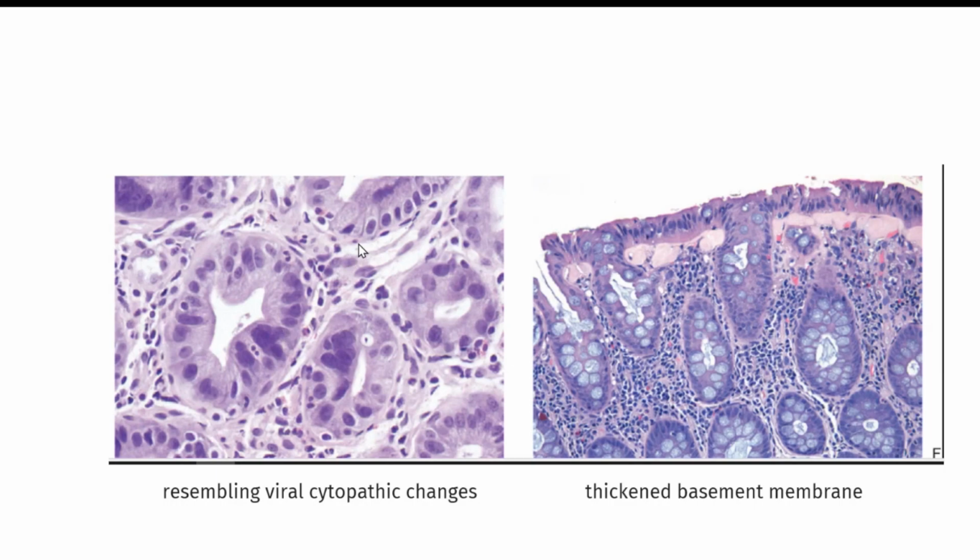But when you do the immunostaining, these are negative. Sometimes on the polyp surface you can also see a thickened basement membrane, but this is not collagenous colitis. This is just polyps. This is a normal phenomenon in hyperplastic polyps.